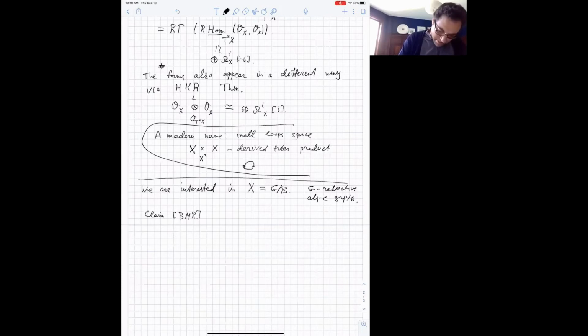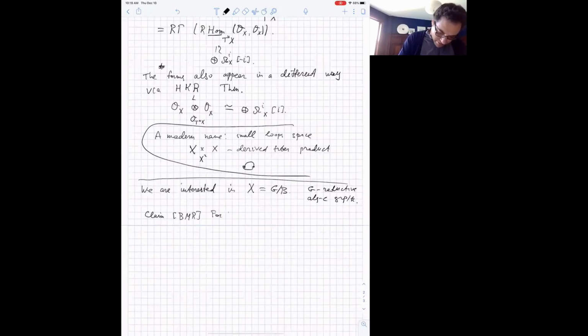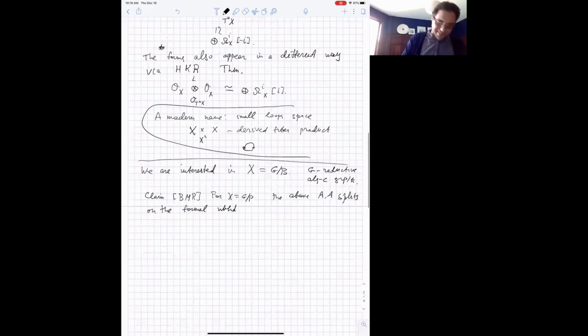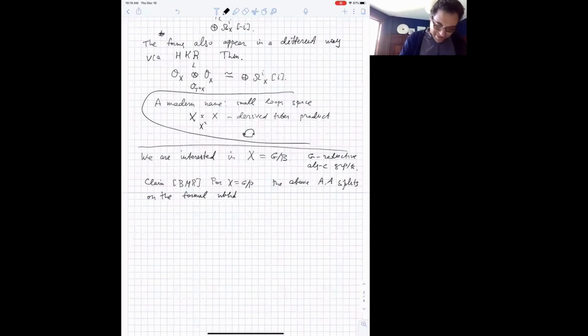In other words, for X equal to G mod P, the above Azumaya algebra does split on the formal neighborhood of the zero section. So if you want to run the argument, in this case it greatly simplifies.